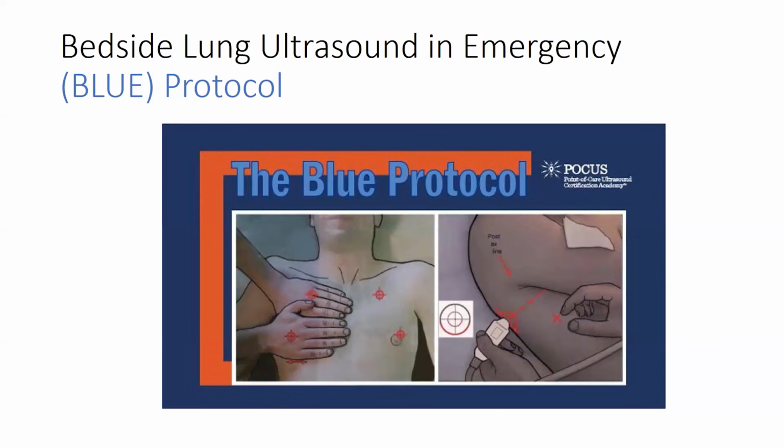Before understanding the BLUE protocol, we should know where you are going to put the probe on the patient to evaluate for these signs. As you can see, on the anterior chest wall there are these 4 points. How do we locate these 4 points? By placing two hands on the anterior chest wall with overlapping thumbs, and the central points of these hands become the first 2 points.